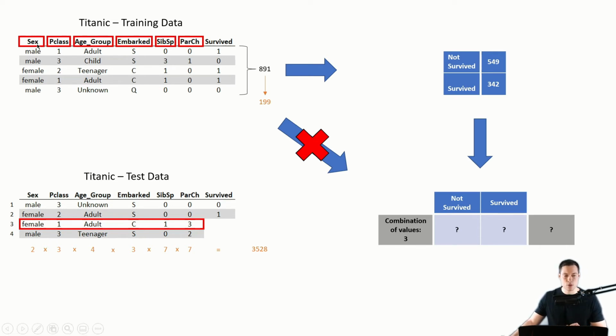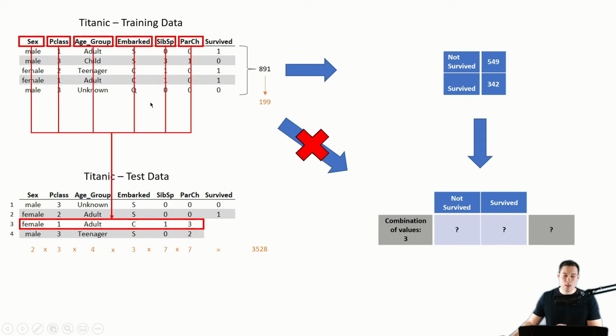So for example, if we look at feature sex, then a general pattern would be to determine how many of the non-survivors are male and female and how many of the survivors are male and female. So that's what I mean by a general pattern. And then once we have those general patterns for each individual feature, we can, so to say, put them back together to estimate how many of the non-survivors and survivors we would expect to have a certain combination of features.